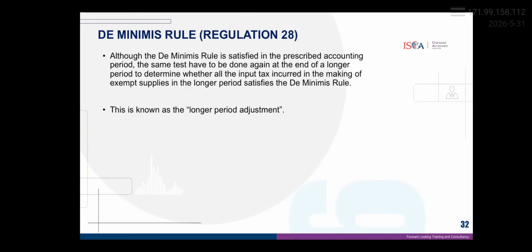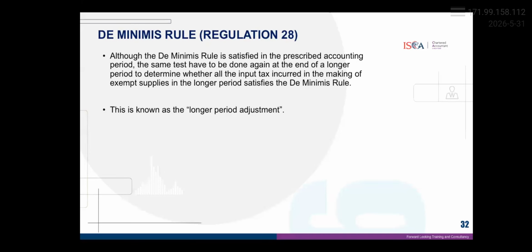Now, although the de minimis rule is satisfied in the prescribed accounting period, the same test has to be done again at the end of a longer period to determine whether all the input tax incurred in making exempt supply in the longer period also satisfies the de minimis rule. This is what we know as the longer period adjustment. This is required because when we file our GST, we file it on a quarterly basis, for example, and whether I can claim or need to split my input tax, I will base on the GST situation in that quarter only.